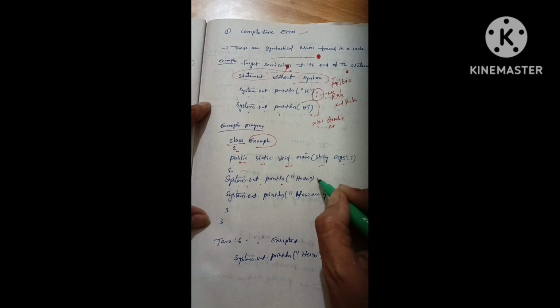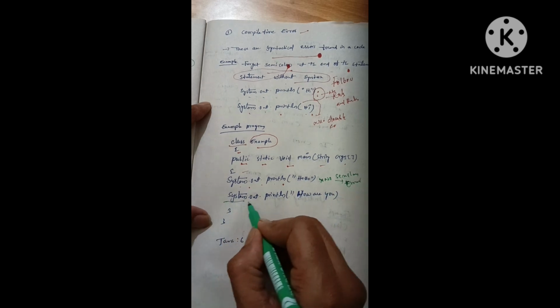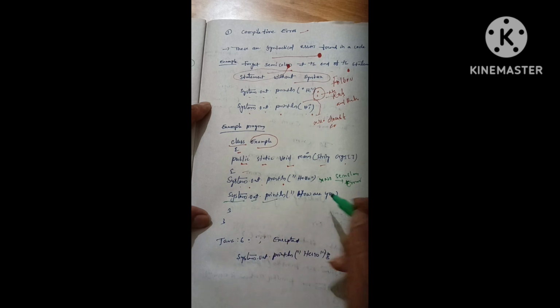There is no semicolon here, so this raises an error. Now in System.out.println, there are no double quotes here, which is another type of error.